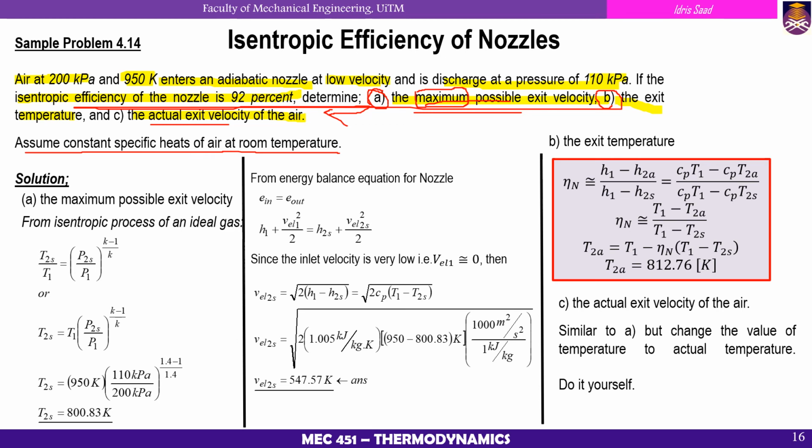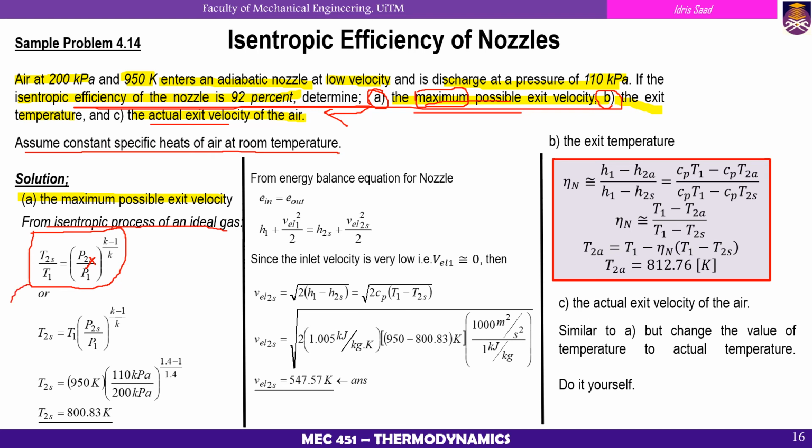In order to solve this, we can go one by one. First, the maximum possible exit velocity. We can calculate it from the isentropic process of an ideal gas that we have learned earlier. Basically, T2S over T1 is equal to P2 over P1, to the power of k minus 1 over k.